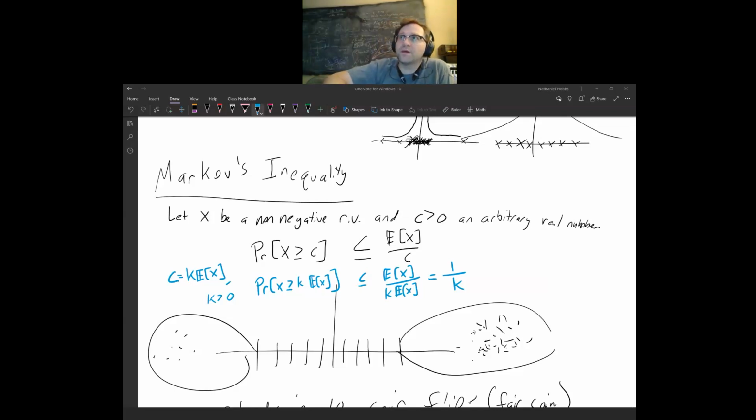This is asking the question, what is the probability that the random variable, when you push the button and a number appears, that this number is going to be at least 2 times bigger than the expectation? Markov tells us that the probability of that happening is less than or equal to 1/2.